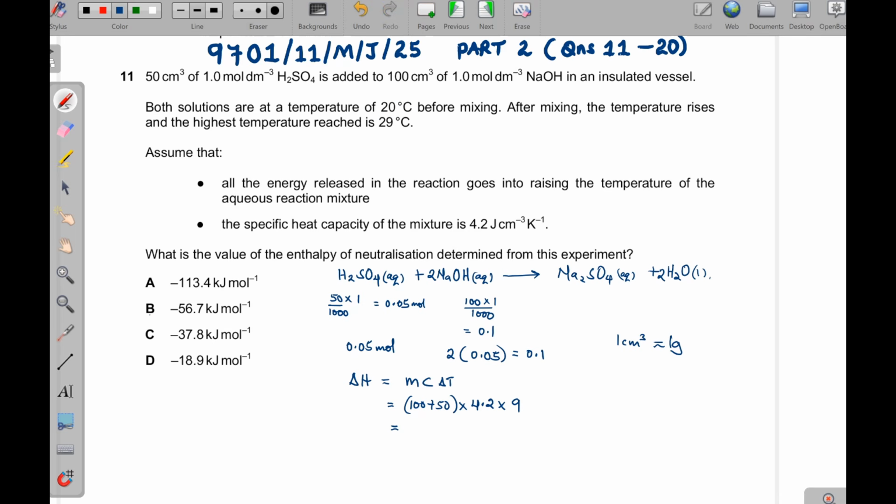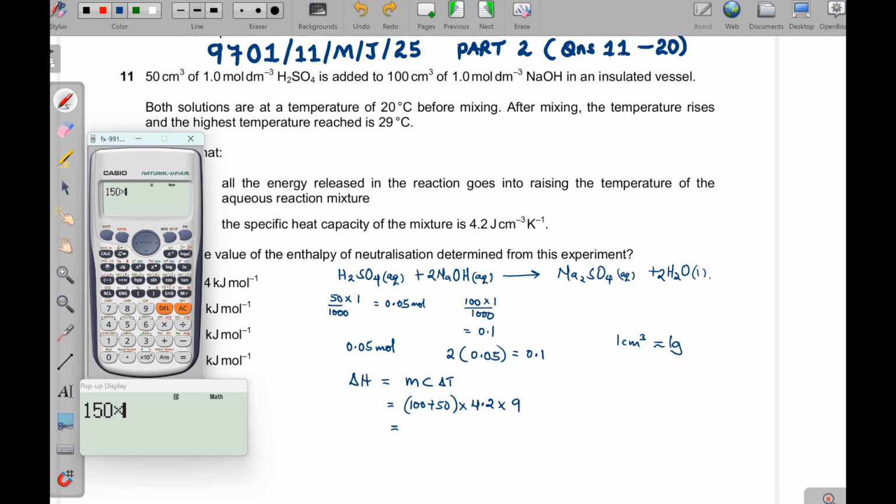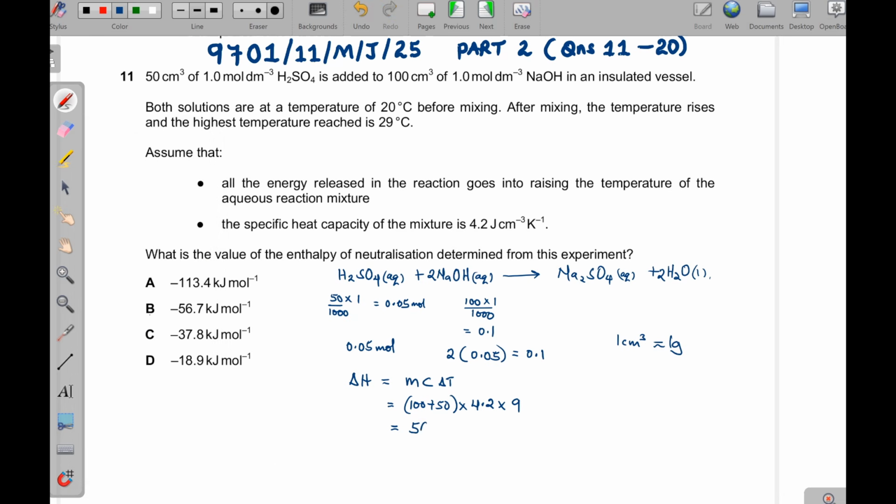Now when we multiply everything here, 150 times 4.2 times 9, this is 5670 joules. This means the moles which reacted are the ones that released this 5670 joules.